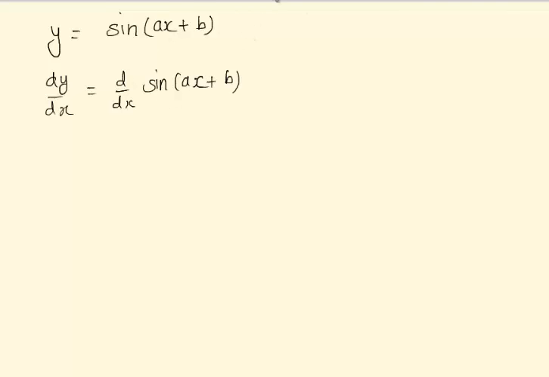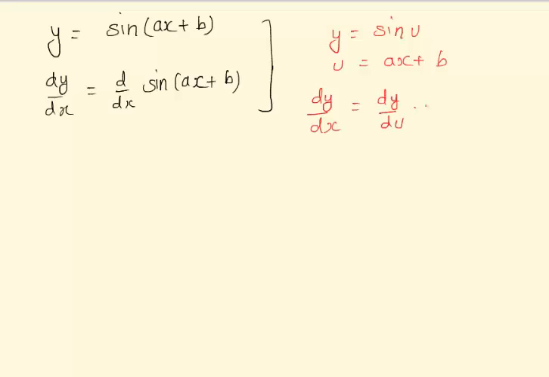So what you can do here is, again go for chain rule and use the setup y is equal to sin of u, where u is nothing but ax plus b, and the setup for chain rule dy by dx is nothing but dy by du into du by dx.